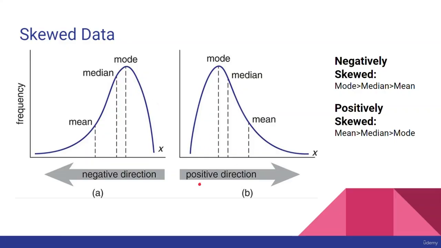The opposite happens in positively skewed graphs, where the tail is towards the right and the hump is towards the left. You can either remember it from the hump's perspective or the tail's perspective, but in statistics, we generally take the tail into consideration to describe the particular graph.